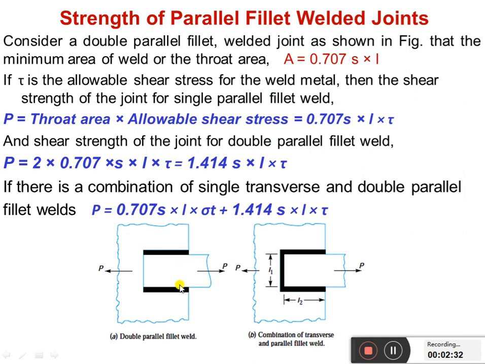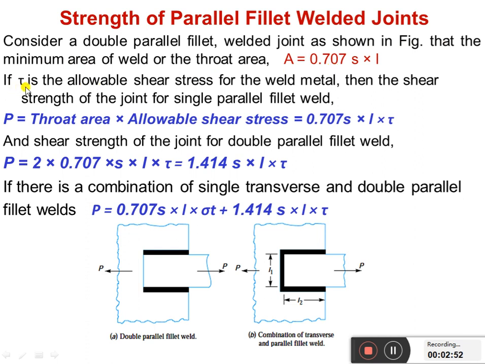And the next one is strength of parallel fillet welded joints. Consider a double parallel fillet welded joint as shown in the figure. The minimum area of the weld or the throat area is A equal to 0.707 S into L, that we already found in the previous step.